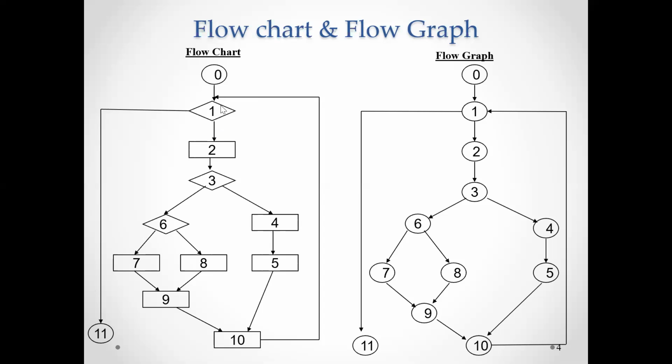So this is a normal flow chart, how it will be represented. The rectangular box is nothing but the statements or the process control. Understand it? That's how it is given.